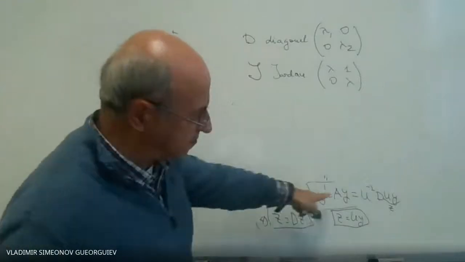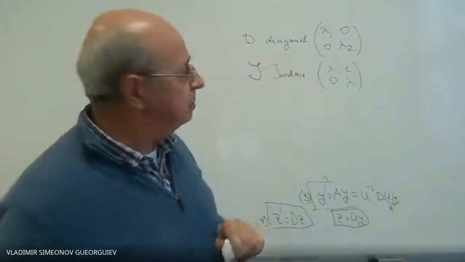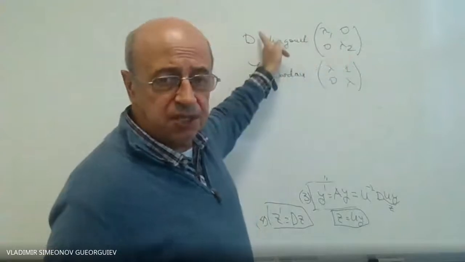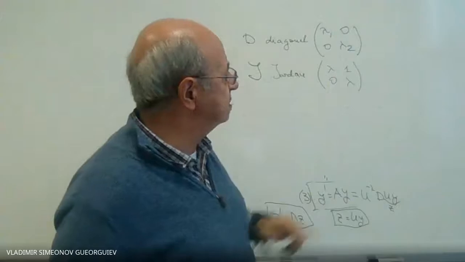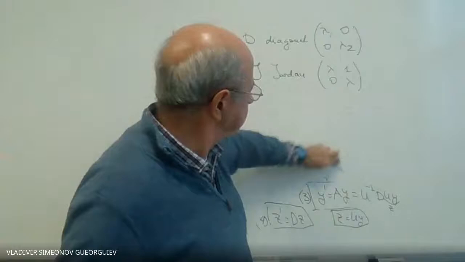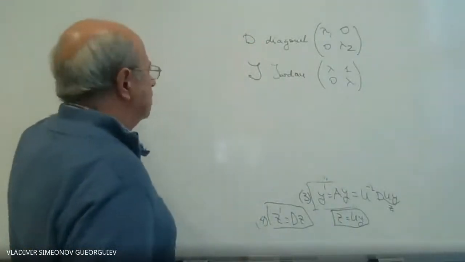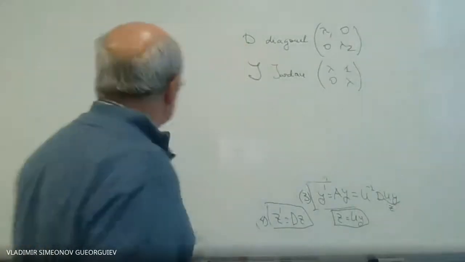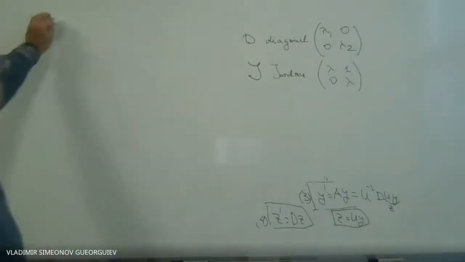I prefer to leave only these 2 points together with this part that reminds you, if you have 2 different eigenvalues, diagonal. If we have a double eigenvalue, we may have a Jordan block, and this means that we have now our first example.